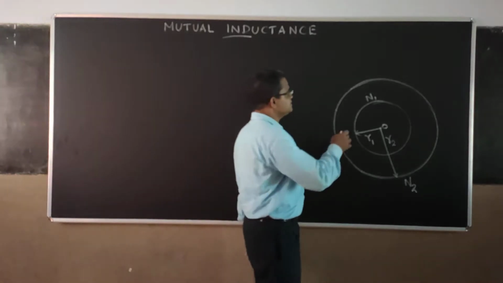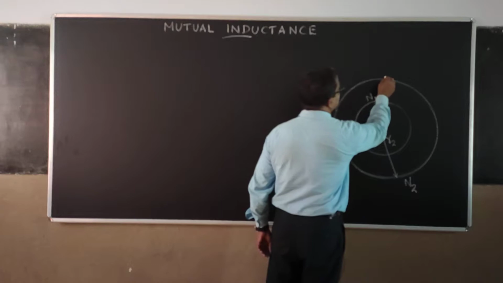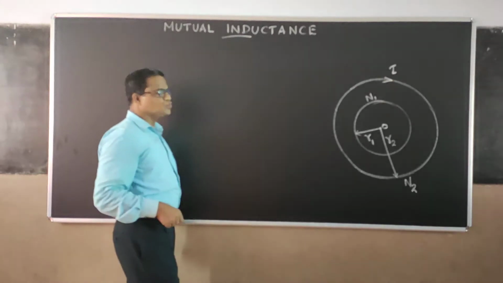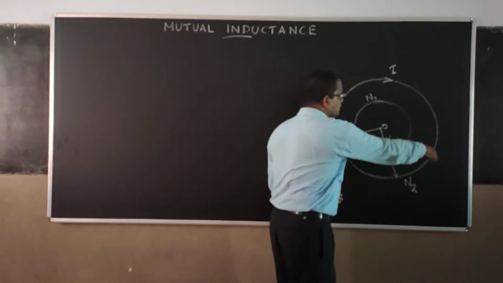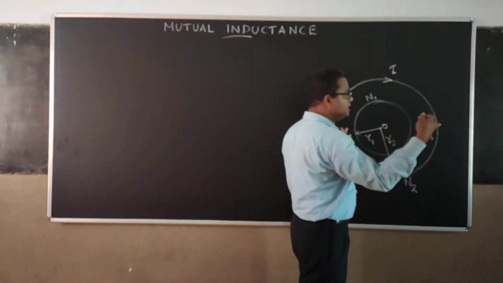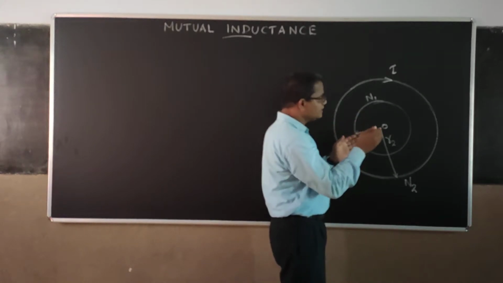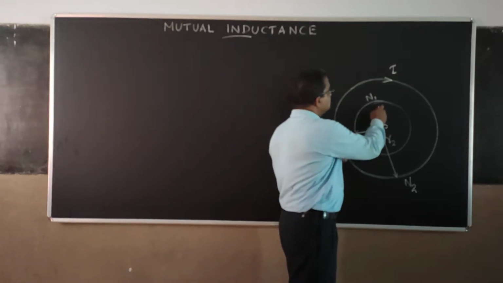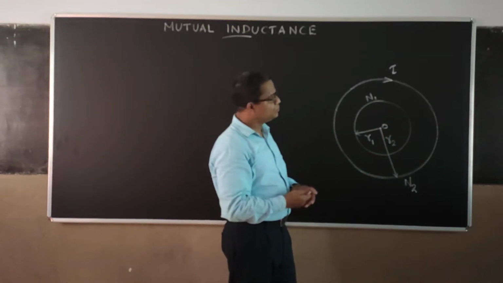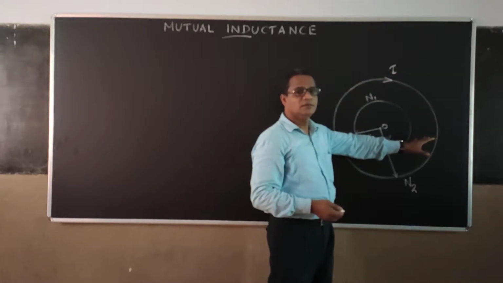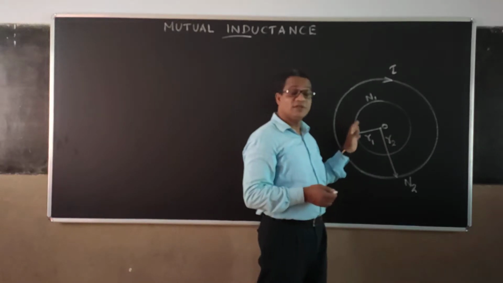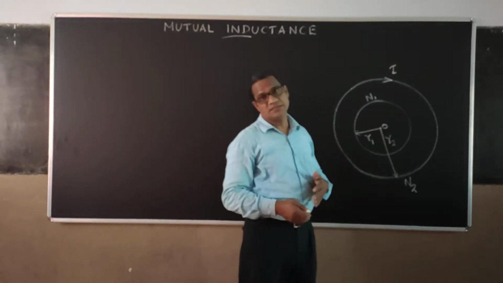And let us consider the current is flowing through the outer coil. There will be a magnetic field produced through the axis of the outer coil, I mean inside the outer coil. Within that magnetic field, the inner circular coil is coming. So, the magnetic field is linked with the inner circular coil area and there is a flux linkage with the inner circular coil.